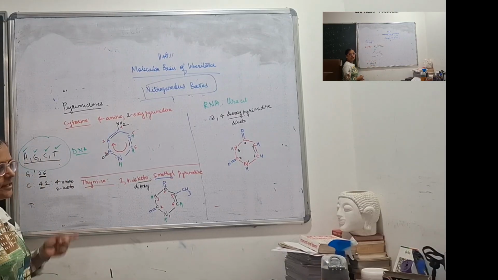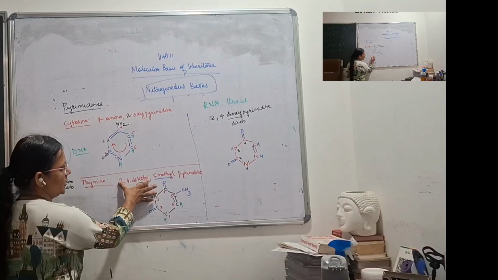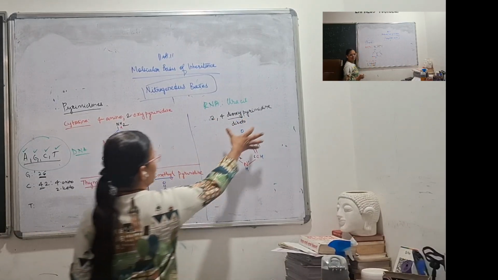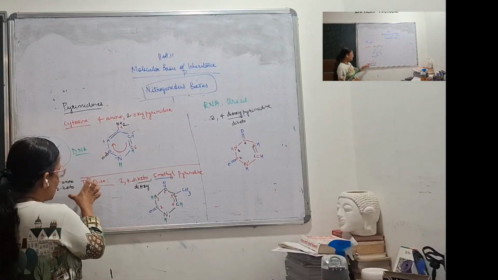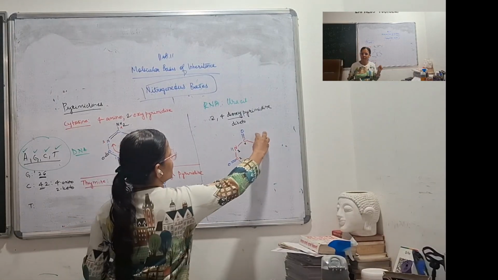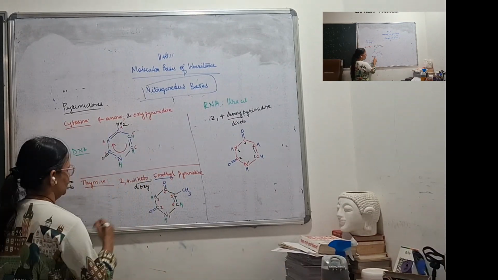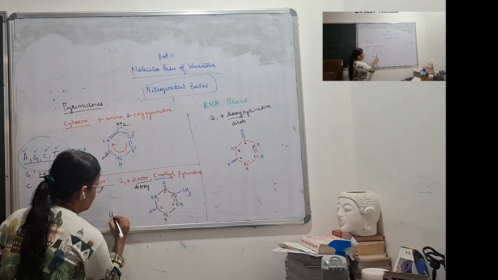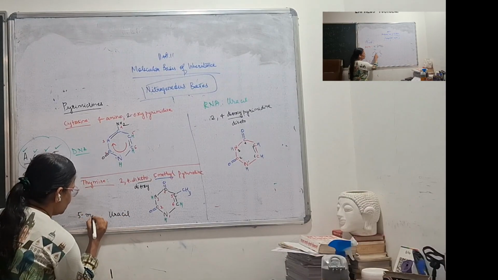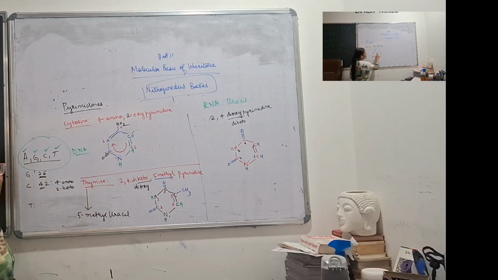Now see, there is one more name for thymine. Look here. 2,4-diketo is common in thymine and uracil. The only thing is that there is no methyl group in the case of uracil. So I can call thymine 5-methyl uracil.